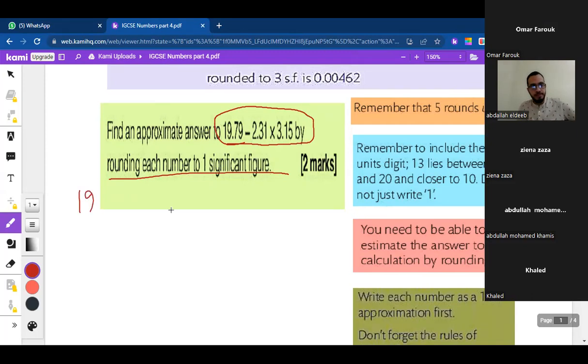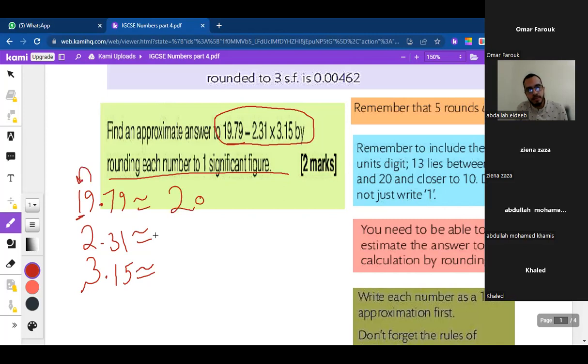So 19.79, 2.31, 3.15. 19.79 will be what? 20 to one significant figure, because this is the one significant figure. 9 will give 1, 20.